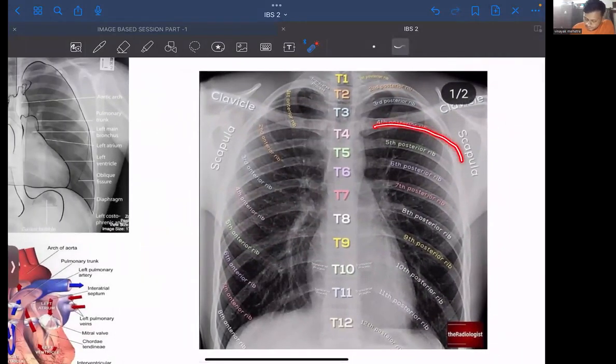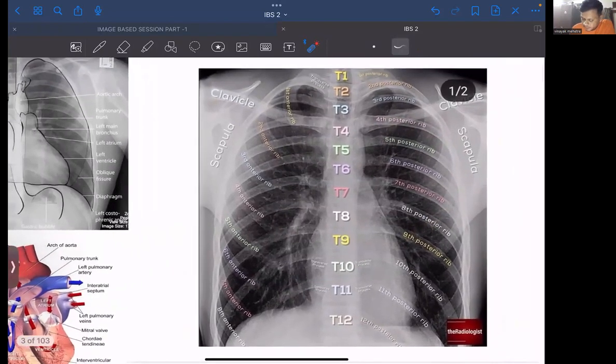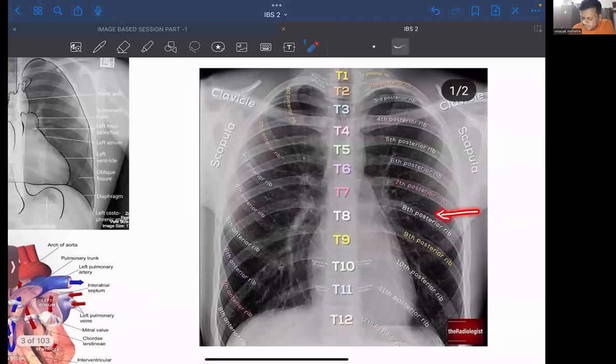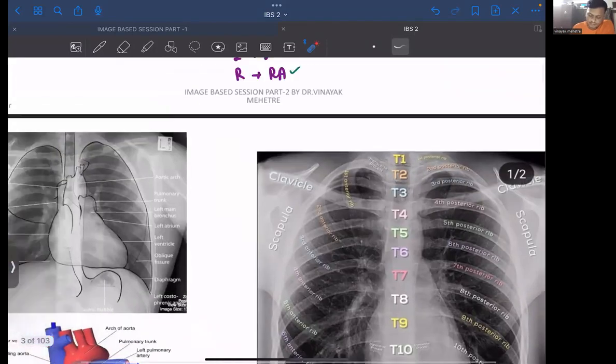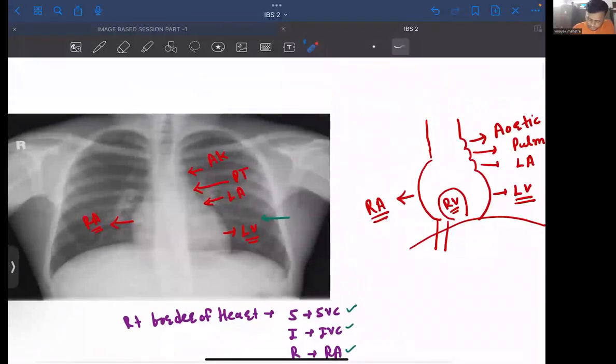Fourth rib कैसे गई? ऐसे. So if I am going to mark which is this rib, then actually you have to answer which rib? This one. Okay, this one. Now take a look. 1, 2, 3, 4.